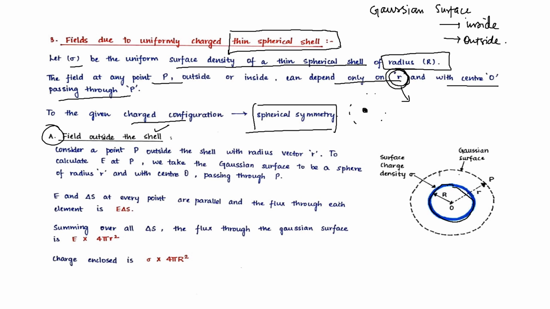So the Gaussian surface is present at a distance r from the center. The radius of the Gaussian surface is small r.